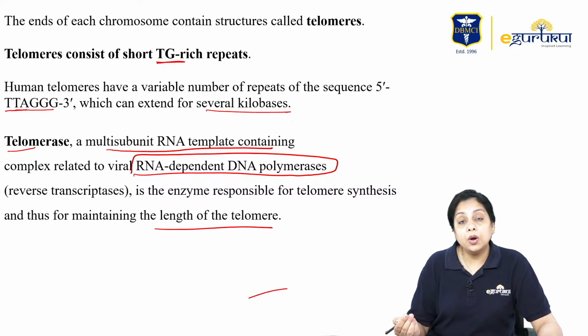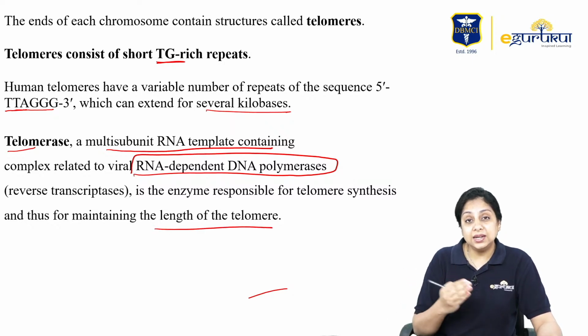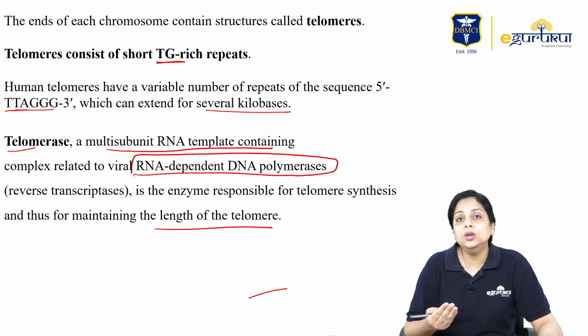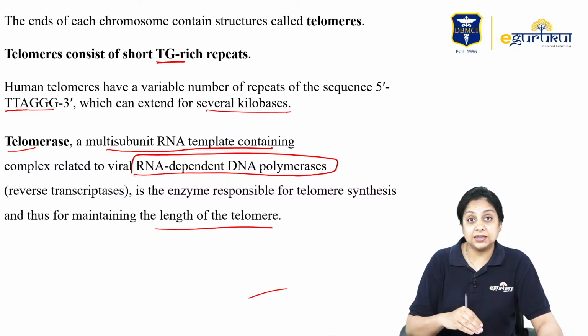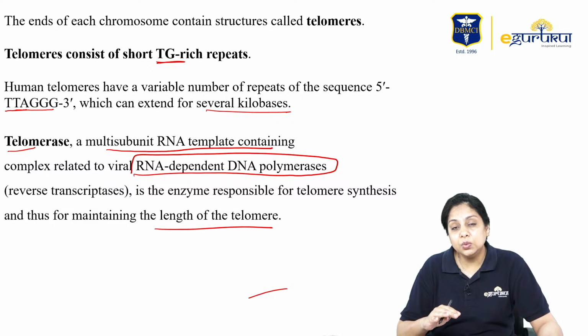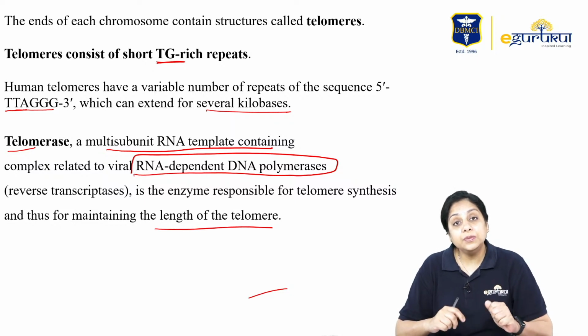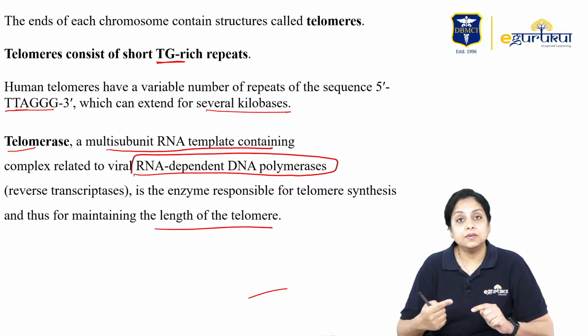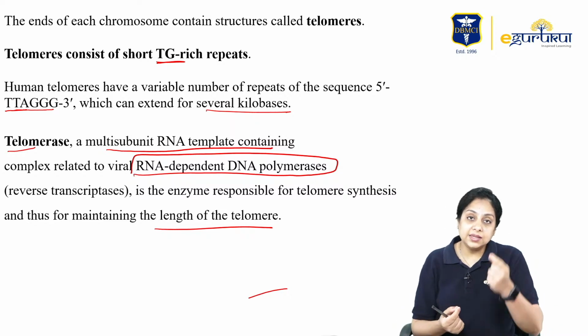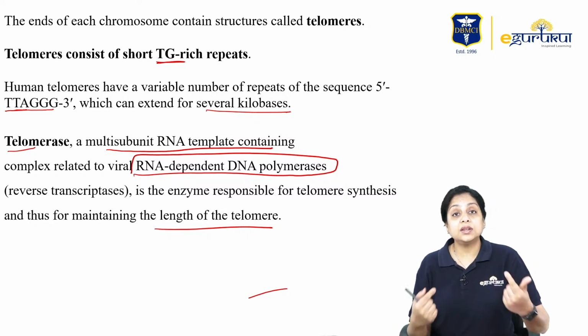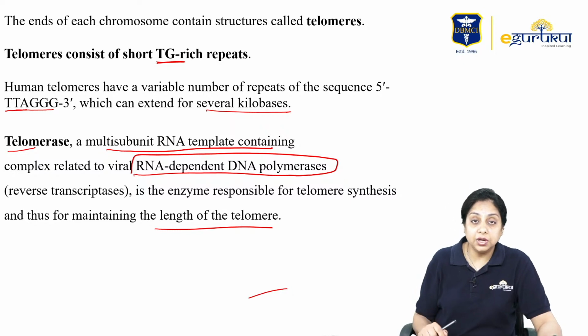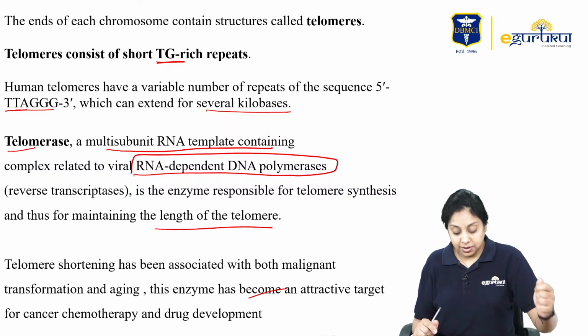What do we know about telomere length decreasing? With aging, telomere length gets decreased. So cancerous cells keep this telomerase enzyme very active, so the telomere length is always maintained and they survive for a longer period of time, like they have become immortal.